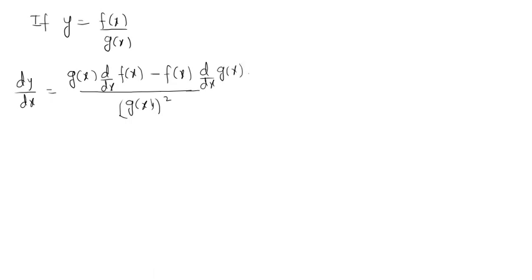So we'll quickly prove it and then we will discuss one example which is based on this. So please copy this, because after this I'm quickly going to prove this, and then we will quickly discuss a problem which is based on this.